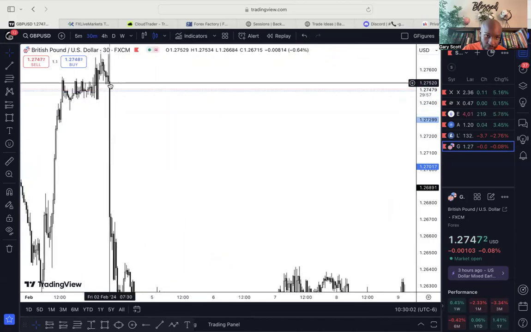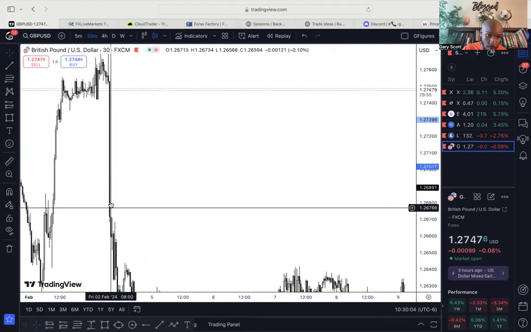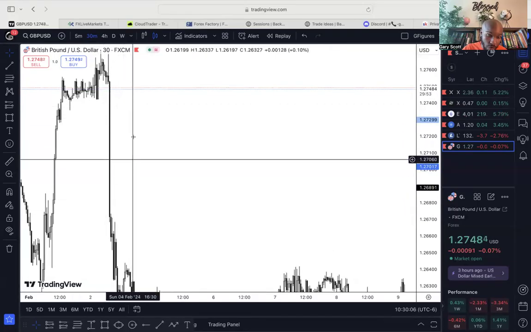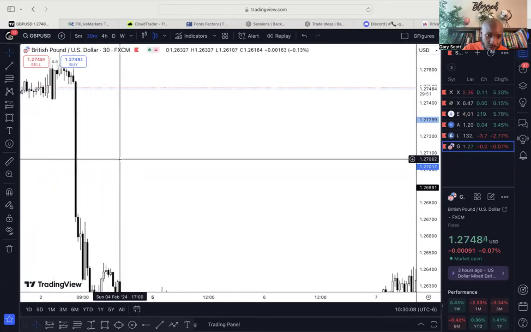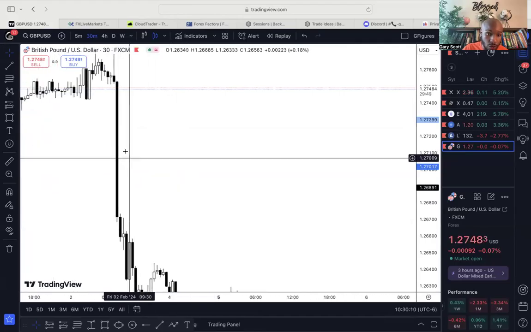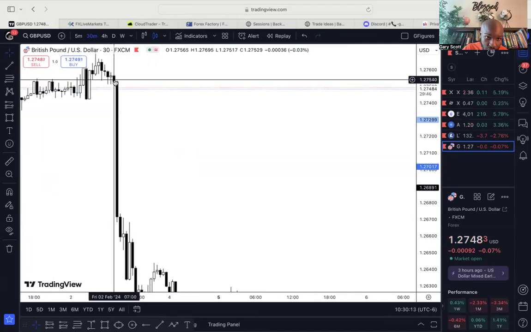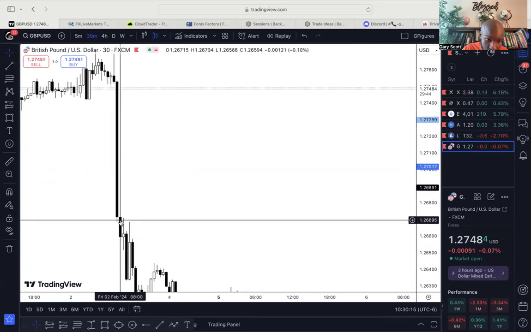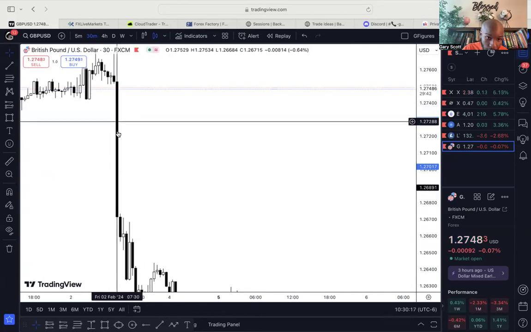And if we see here, this gives us a humongous fair value gap. What's a fair value gap, Gary? You see how the wick of this bearish candle and the wick of this bearish candle don't meet in between the body of this candle.